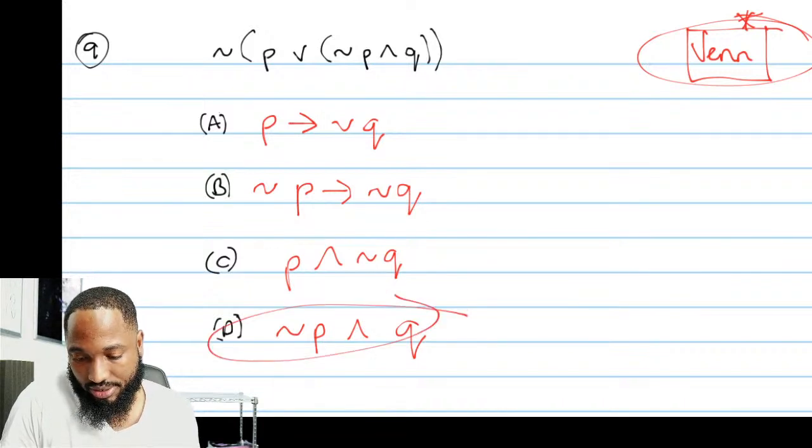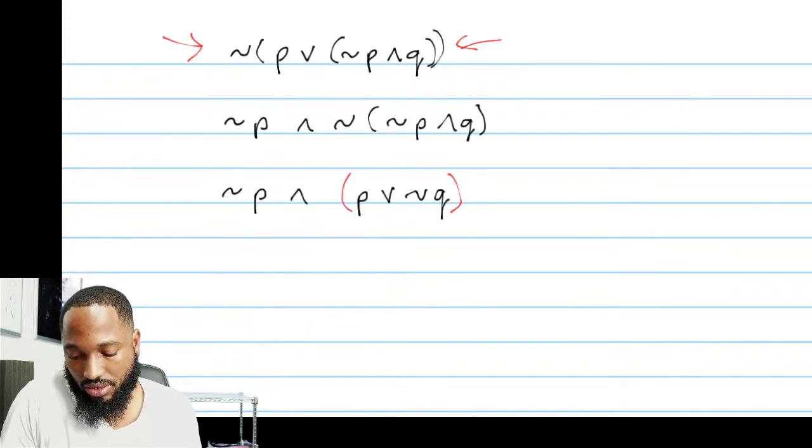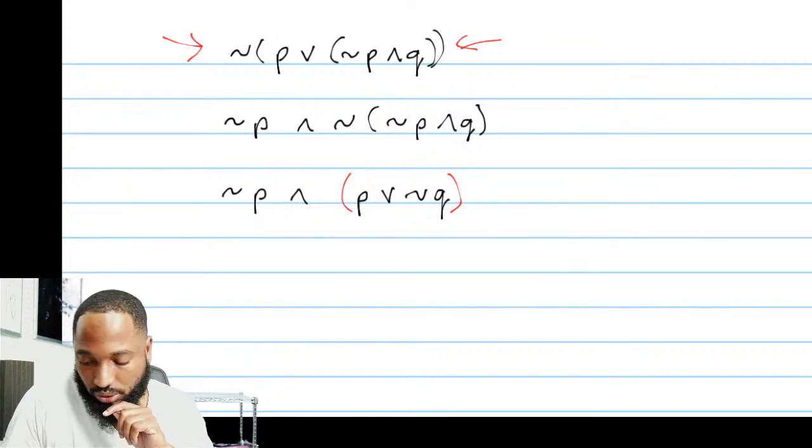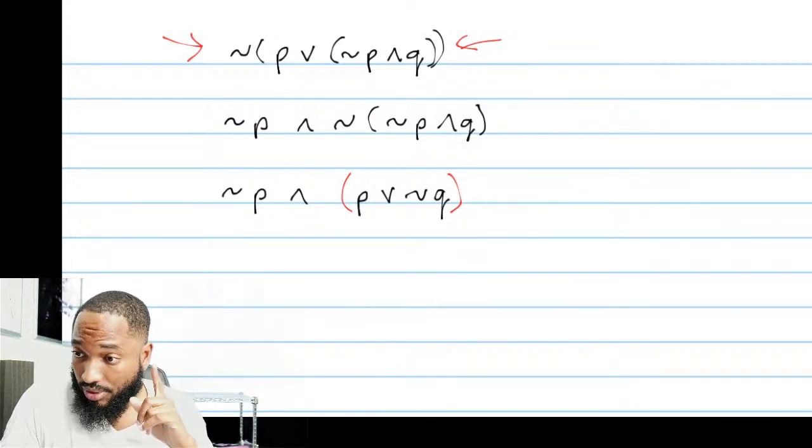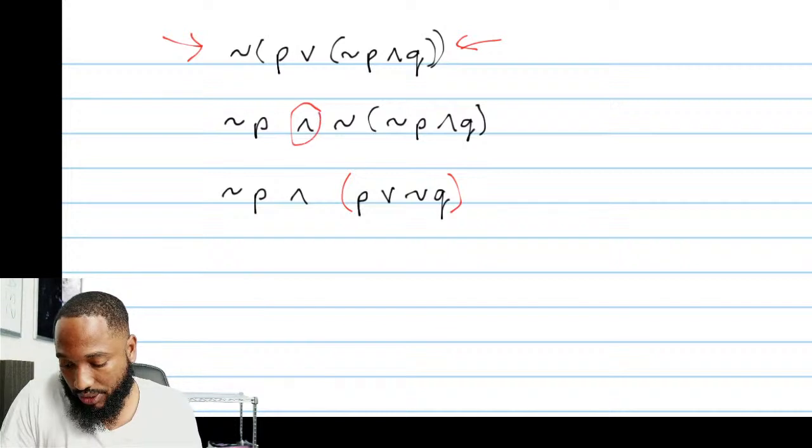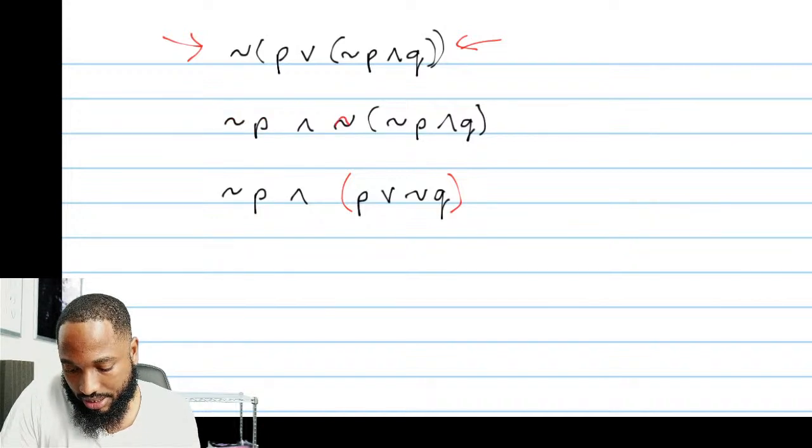Somebody saying D. First law we're going to use to jump out is De Morgan's law. It switches. Good. Everything looking good here. So I did this correct. So you put the negation outside here.